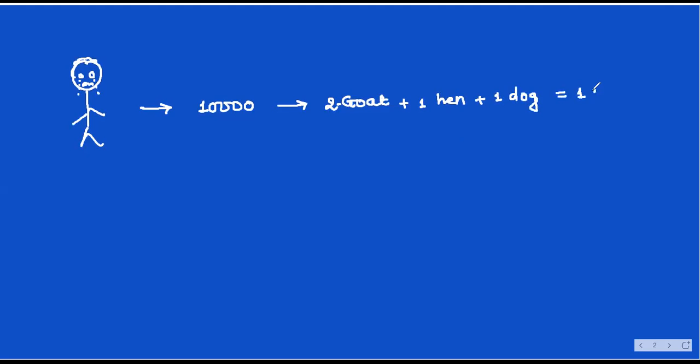How much is it? This is 4,000 into 2, plus 1,000 into 1, plus again 1,000 into 1. Okay, it is 10,000.